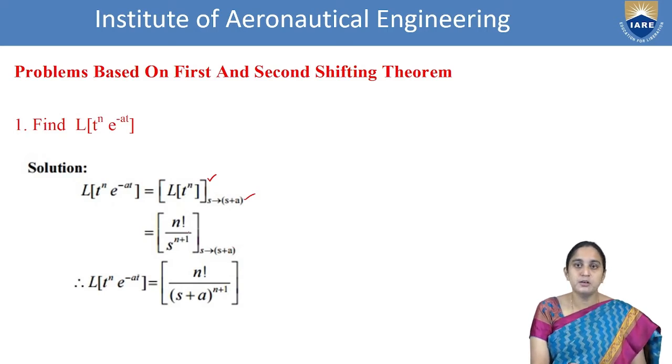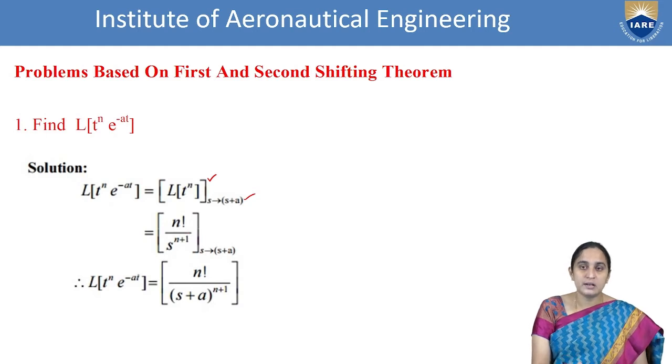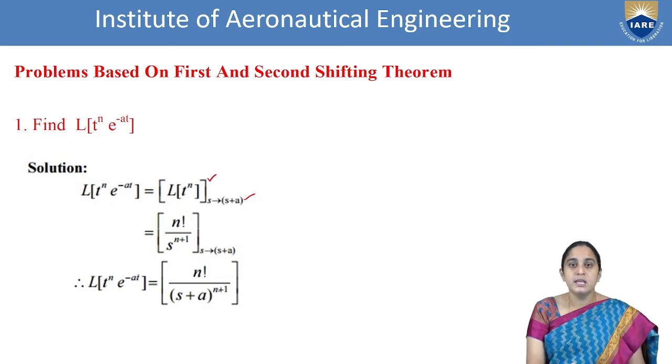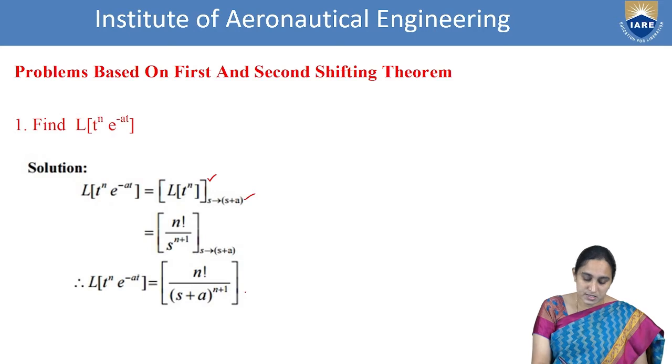After writing the formula of Laplace of t power n, now I'll write s plus a in place of s, that is n factorial by s plus a whole power n plus 1.